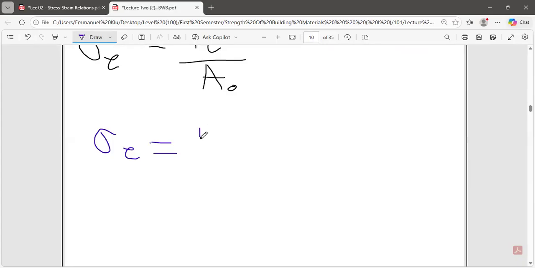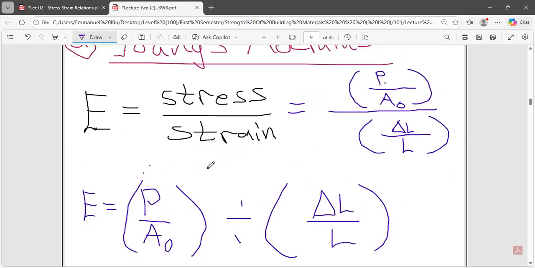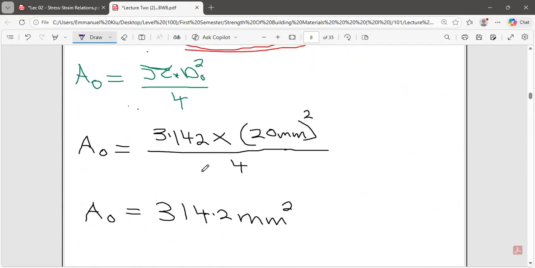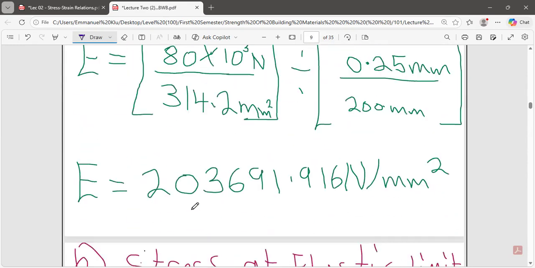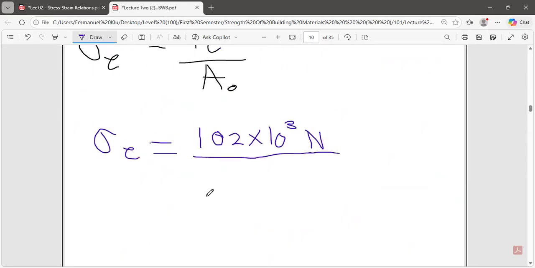So that becomes 102 times 10 exponent 3 Newton, all over the area we calculated. And the area, we are going to use the original area, that is 314.2.